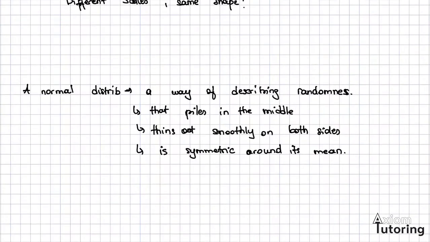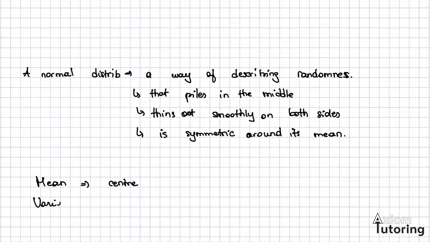Keep in mind, the mean tells us the center. This is where the center is. And then you've got the variance that tells us how spread out things really are.